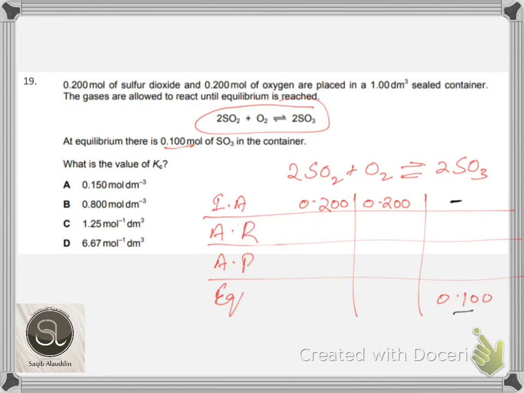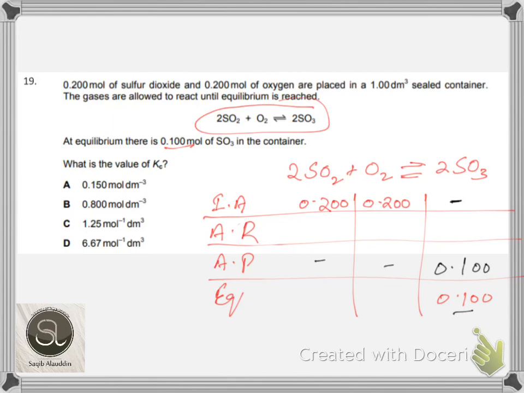AP for amount produced, AR for amount reacted, IA for initial amount, and EQ for equilibrium. I repeat, if you have 0.1 moles at equilibrium, all 0.1 moles are produced during the reaction. I'll put a dash here because the reactants are not produced.